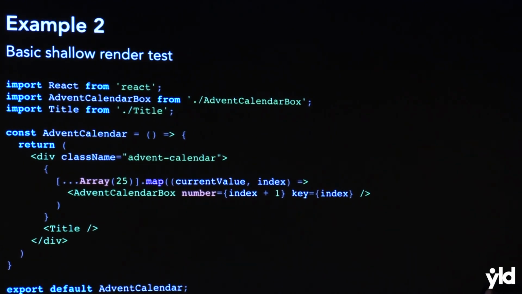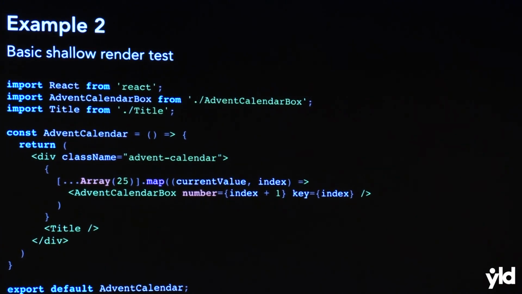Whereas render renders this into static HTML, and mount renders this component along with all of its children. So best practice here is always use shallow if you can. It renders the component that you're testing, and it ensures that you aren't indirectly testing the behavior of the child components. Another concept with your tests is that they should just be testing one thing, and they should be isolated, so you know where the problem really is when they're failing.